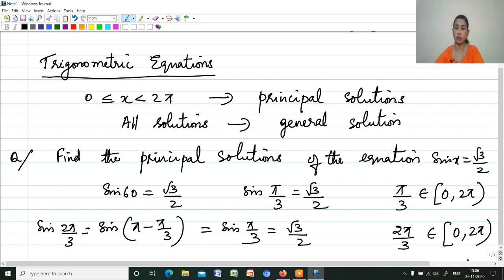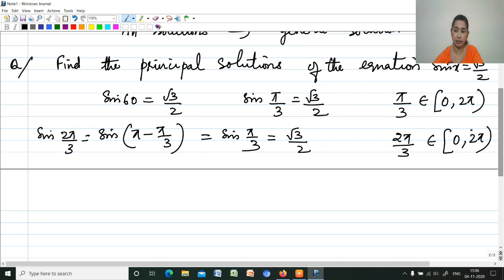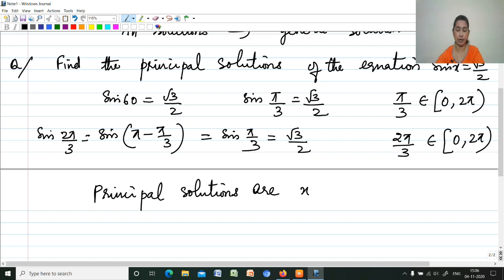So the principal solutions are x equal to pi by 3 and 2 pi by 3.